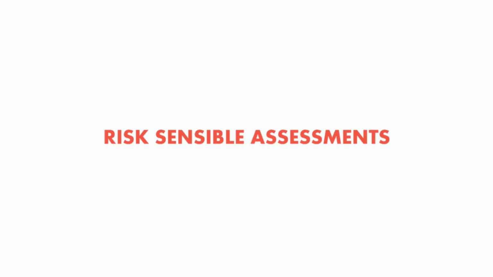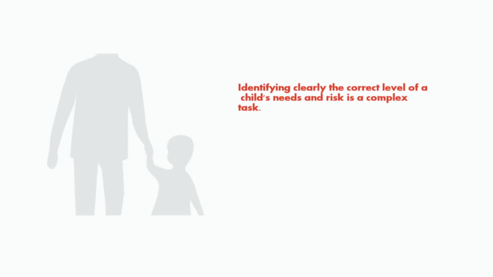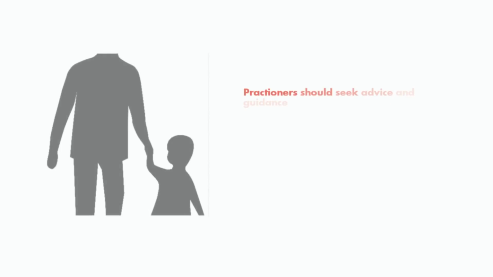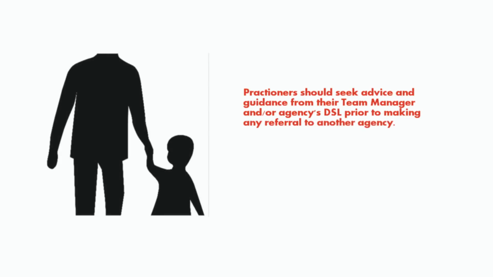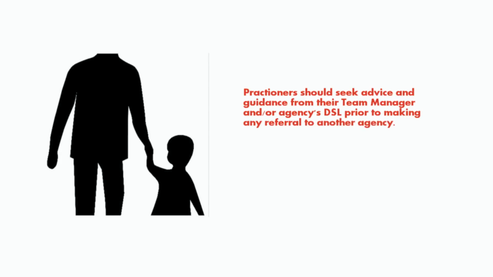Risk-sensible assessments. You will now be given time to read the risk-sensible assessments, which define the 4 levels of the framework. Identifying clearly the correct level of a child's needs and risk is a complex task, and practitioners should seek advice and guidance from their team manager or their agency's safeguarding lead professional prior to making any referral to another agency.